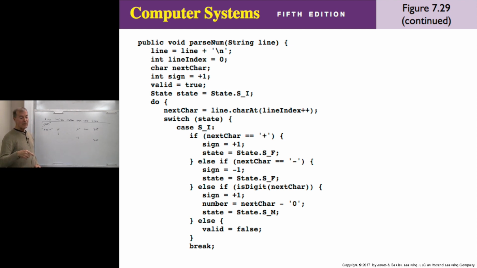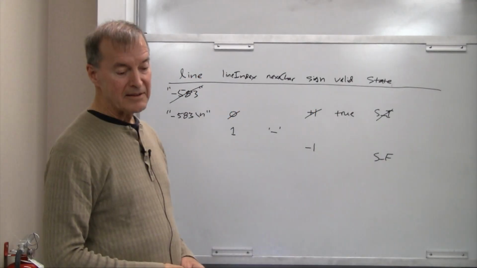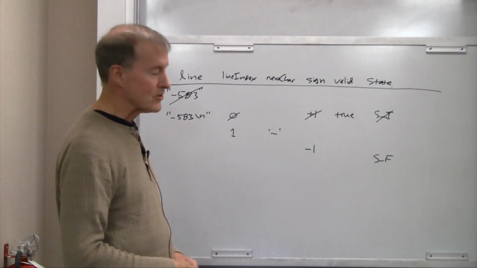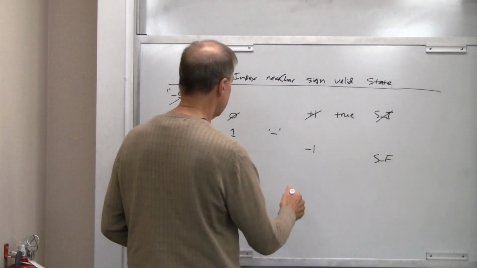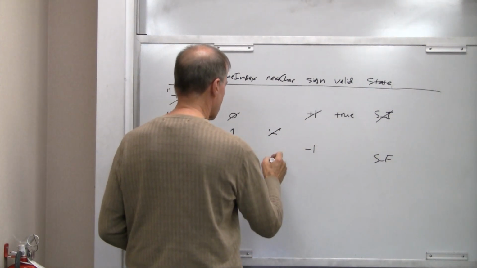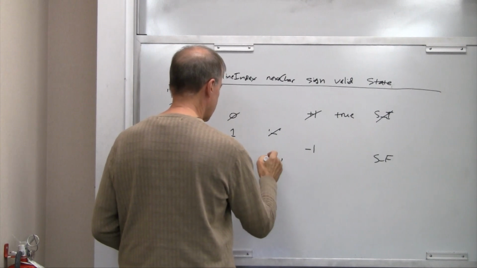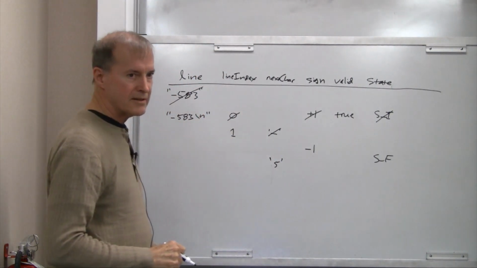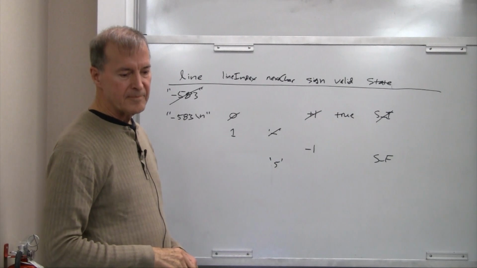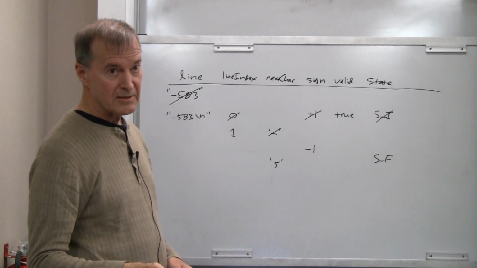But anyway. Okay, so now we do next char gets what? Line.char at. So now what? So now this gets, quote, 5. Right? Is everybody good?